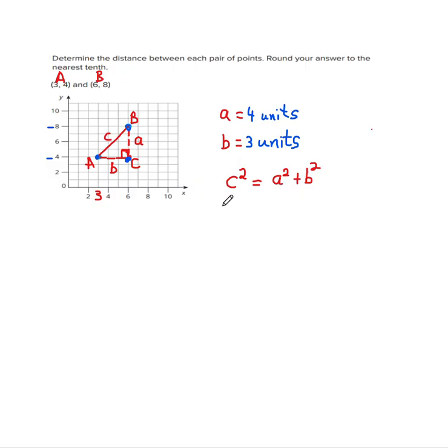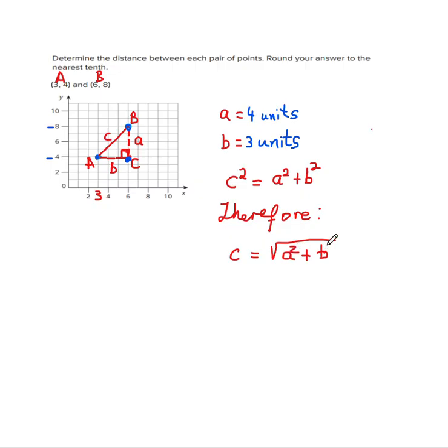When we transpose for the value of C from this, we realize therefore that C must be equal to the square root of A squared plus B squared, because we're squaring both of these.